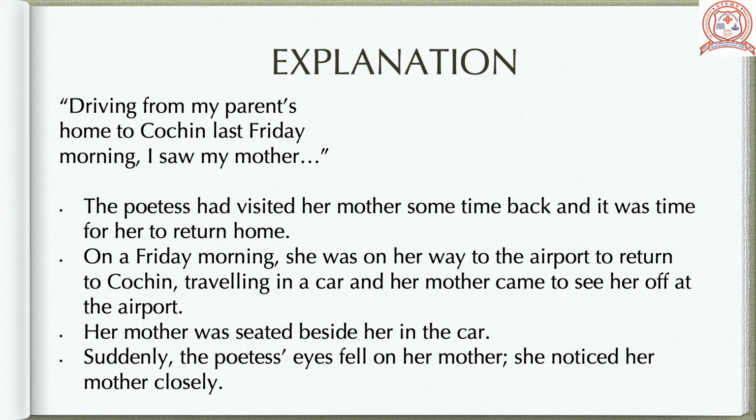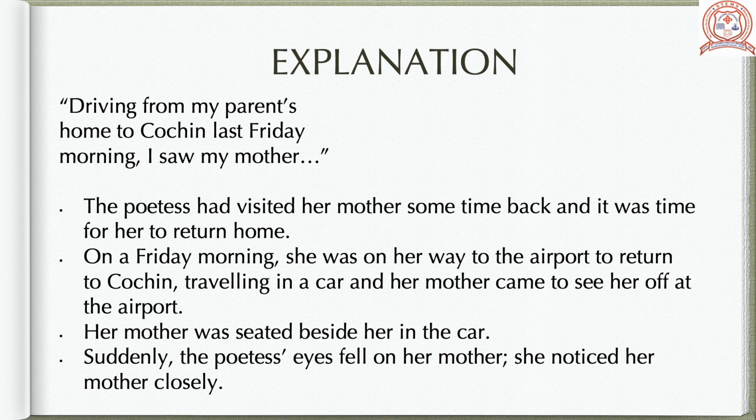She took a car in order to reach the airport, and in the car, her mother was accompanying her. Her mother came to see her off at the airport, and she was seated beside her in the car.